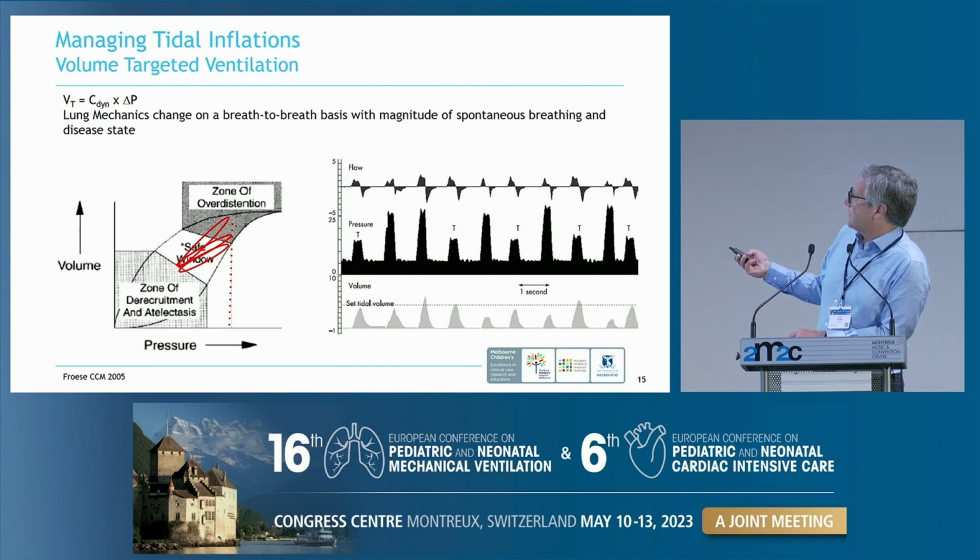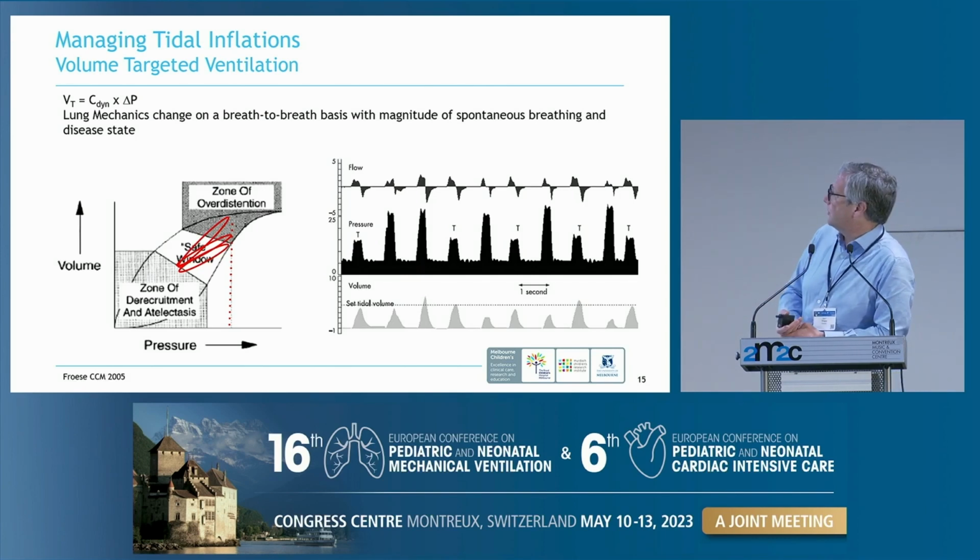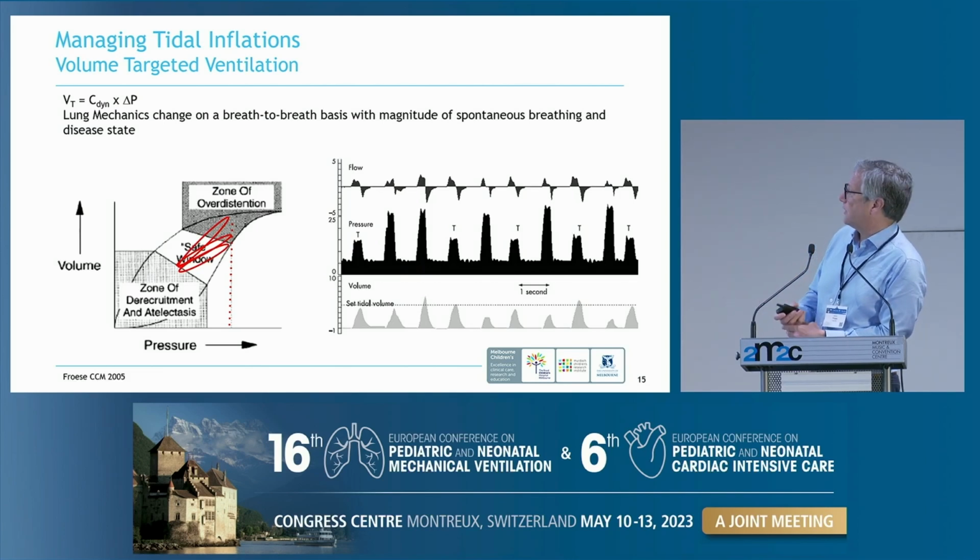If we then add in that the patient might be breathing as well and adding in their own component to tidal volume, the delta P we're applying may be insufficient if the patient is fully apneic, or appropriate, or it may actually be far more excessive when the patient takes their own breath.